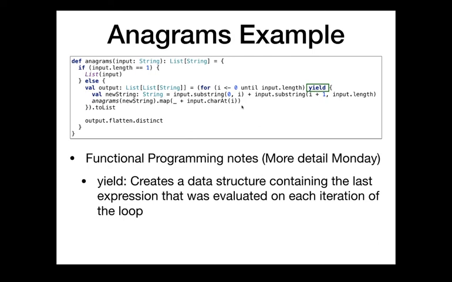It's going to collect all of those values from the last expression and put them in one data structure. I'm converting it to a list. The last expression was a list of strings, so I end up with a list of strings from my for loop. And I'm putting parentheses around this whole thing to get the toList, because yield is going to return that data structure, that whole data structure I want to convert to a list, and then store that in a value.